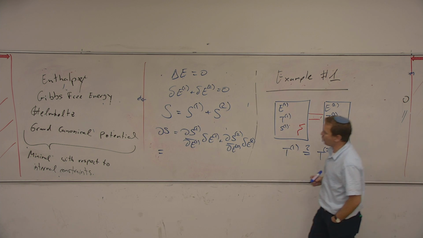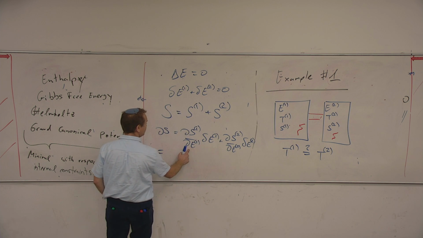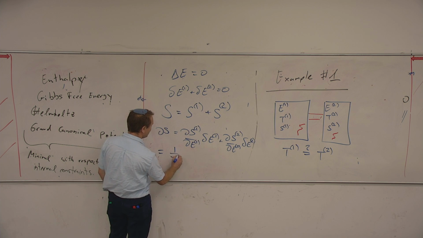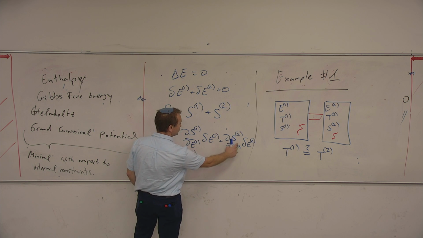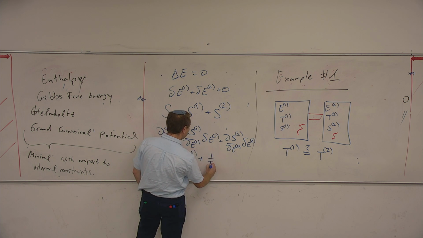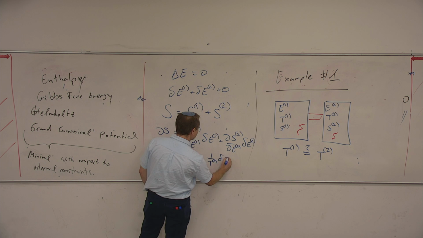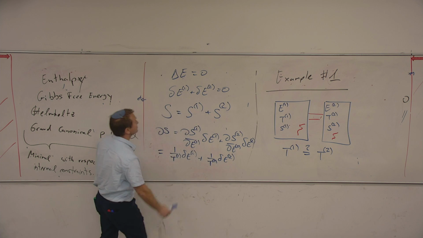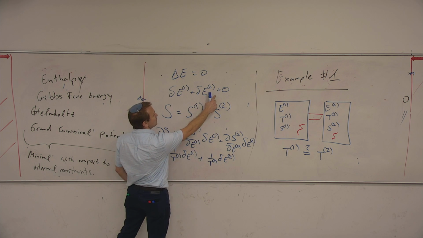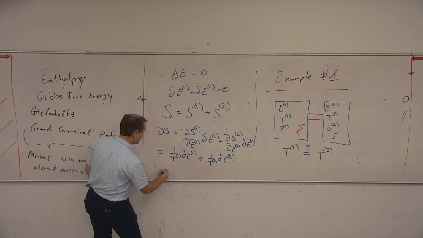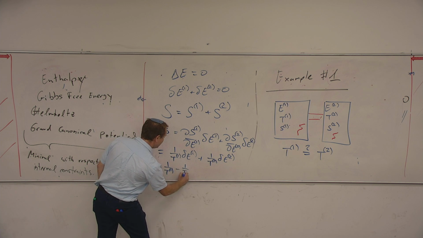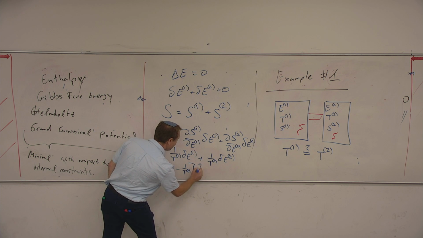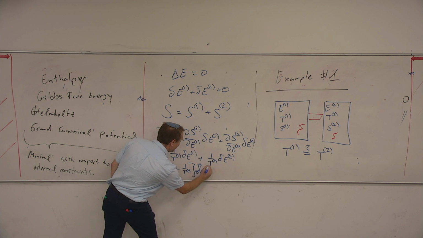So dS1/dE1 is 1 over T1, delta E1, plus dS2/dE2 is 1 over T2, delta E2. Delta E1 plus delta E2 equals 0, so I can simply say that this is 1 over T1 minus 1 over T2, and I get delta E1 out of the equation.